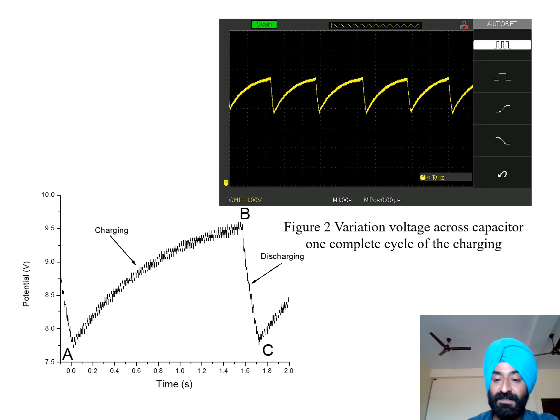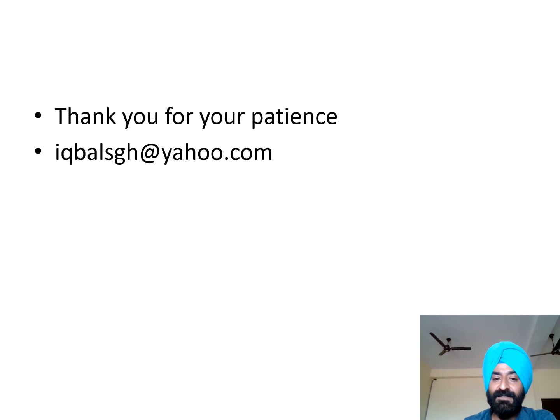So flashing discharges the capacitor combination. Here these capacitors are connected in parallel, and the more capacitors you include in the circuit, the capacity goes on increasing, and it will take more and more time to charge. So this is all my work.